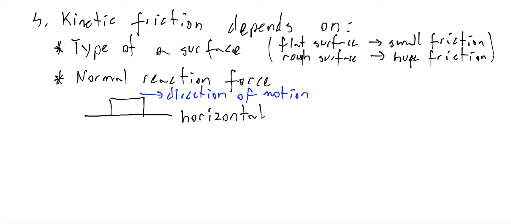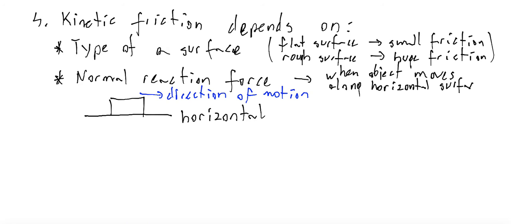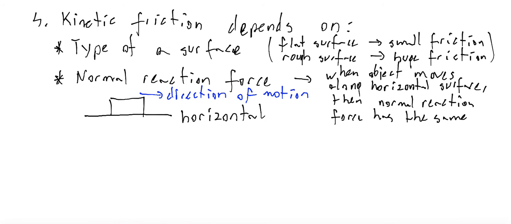Is it clear? So you can write a kind of note here. When the object moves along a horizontal surface, then the normal reaction force has the same value as the gravitational force acting on the object, of course.